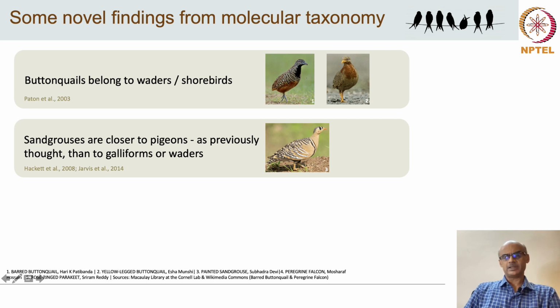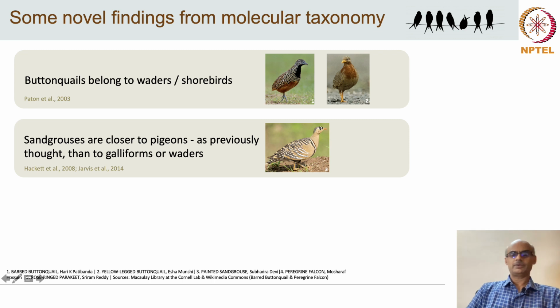Next comes the sandgrouse. Sandgrouse look like some intermediate form between a game bird, a fowl and a pigeon. So they were variously classified close to the wildfowl or close to the waders.